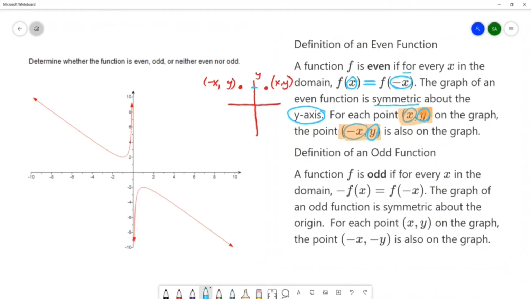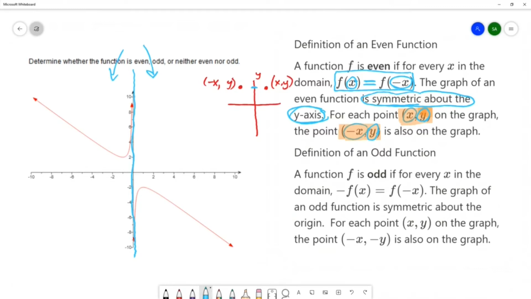So we would use this version of the definition if we were given the equation of the function. In this example, we're given the picture, and so we're going to think about a mirror image over the y-axis. So we have our y-axis, which is this vertical line here, and we need to see a mirror on either side of that y-axis.